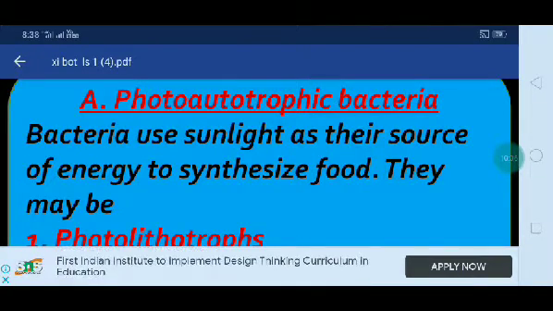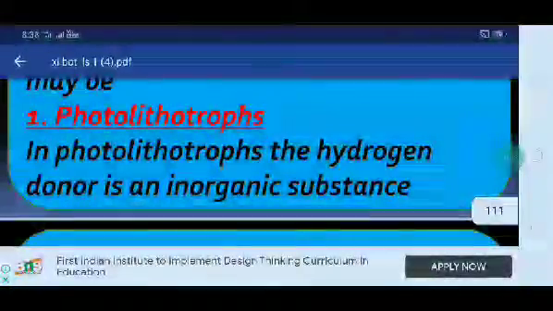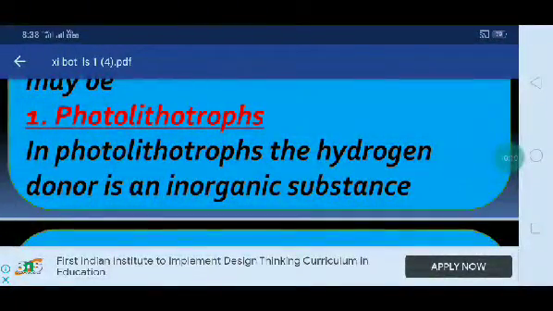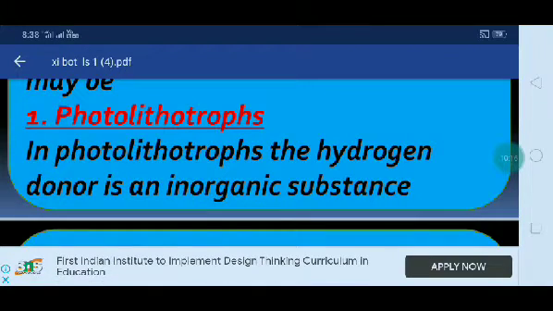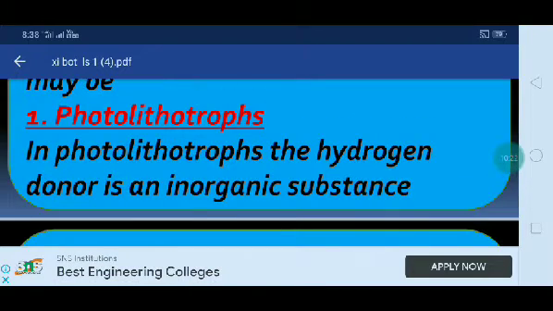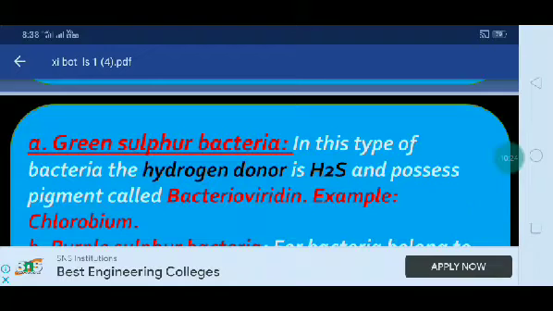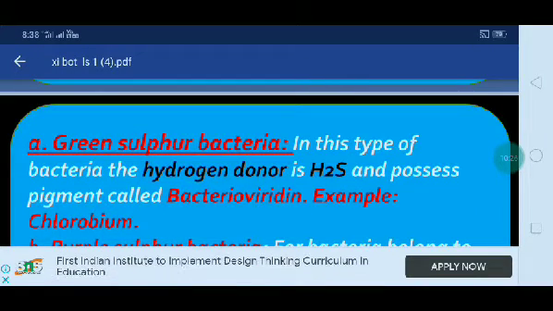They may be photolithotrophs. In photolithotrophs, the hydrogen donor is an inorganic substance.